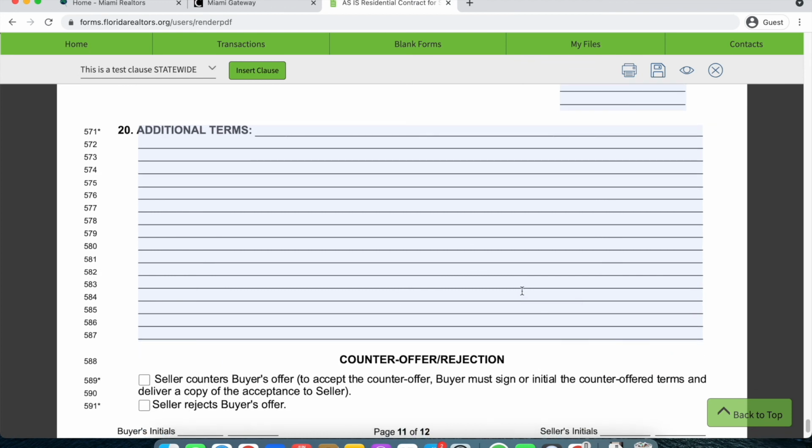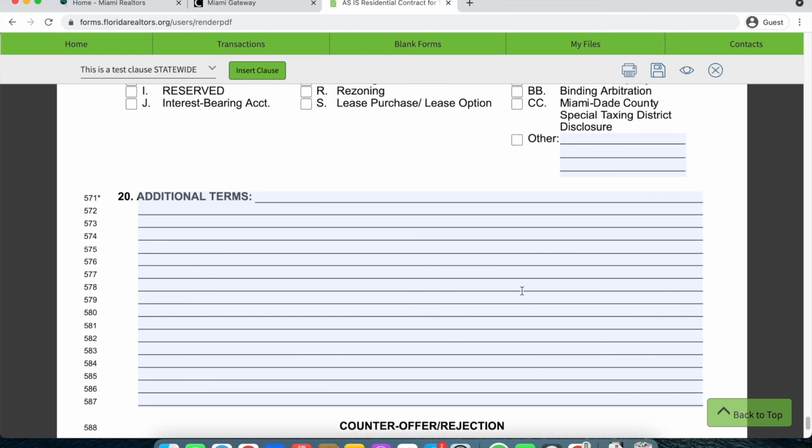What I will tell you is that whenever you write anything into this contract that you're writing yourself, please read it over 3 or 4 times, have someone else read it for you, and make sure that it is completely unambiguous. Why do you want to make sure it's unambiguous?